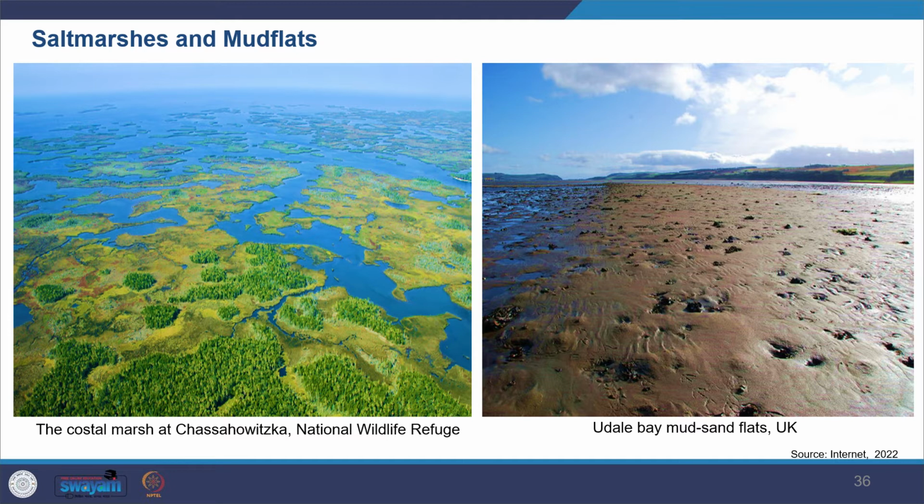Salt marshes and mud flats are said to have very high natural value, and they also support large populations of invertebrates and birds. So it has a lot of significance. All of these systems depend on the continuous supply of sediments, which come from the river discharge, or coastal erosion and so on.